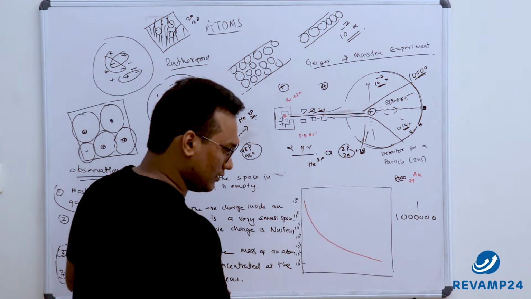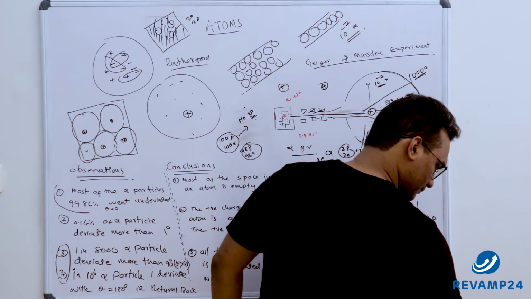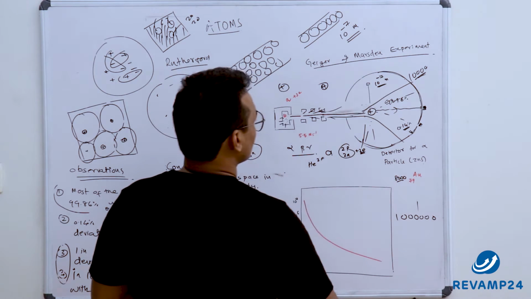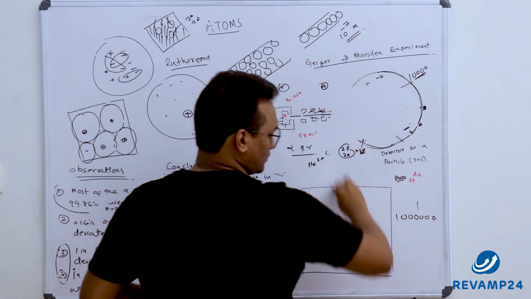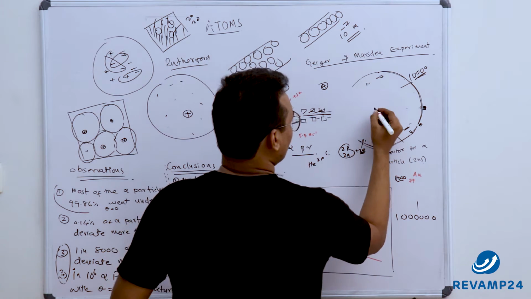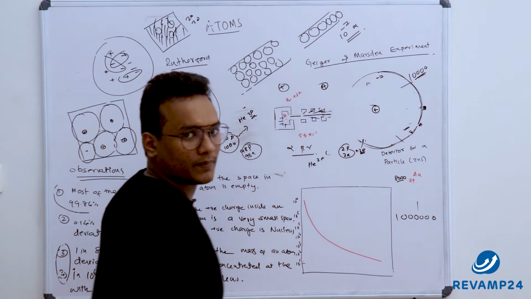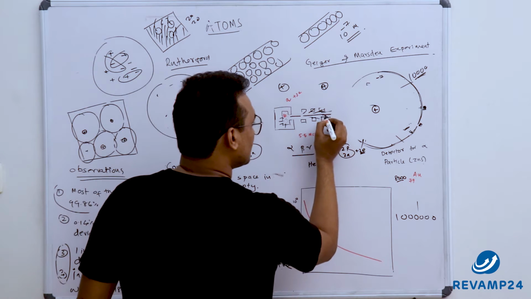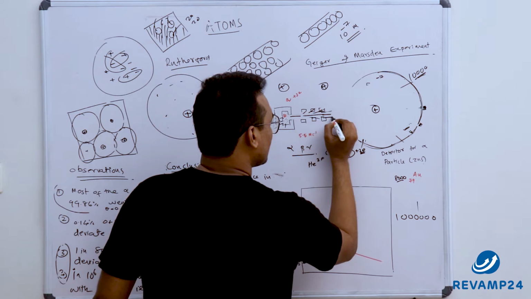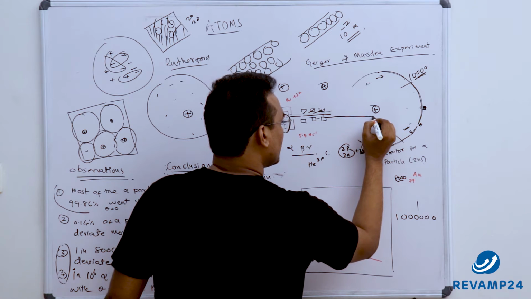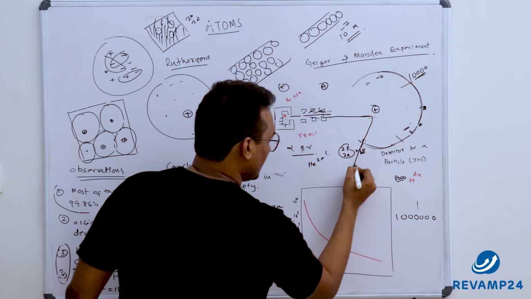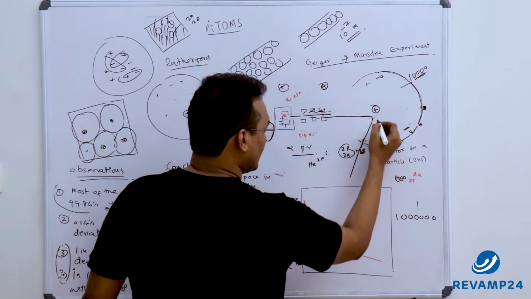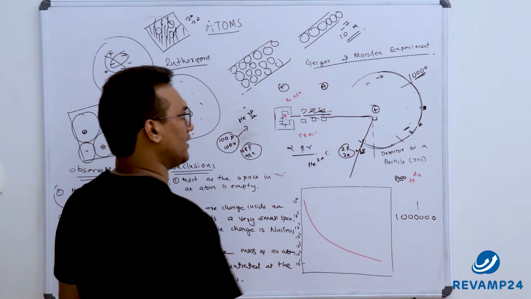Now I will draw a big picture of this one. So we have a positive charge here. Now the alpha particle is coming in this direction. This is very close to it. So what will happen? That will deviate by an angle more than 90 degrees.